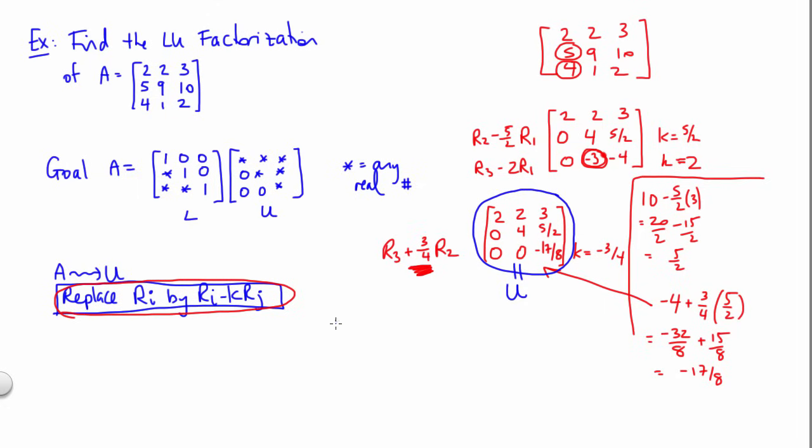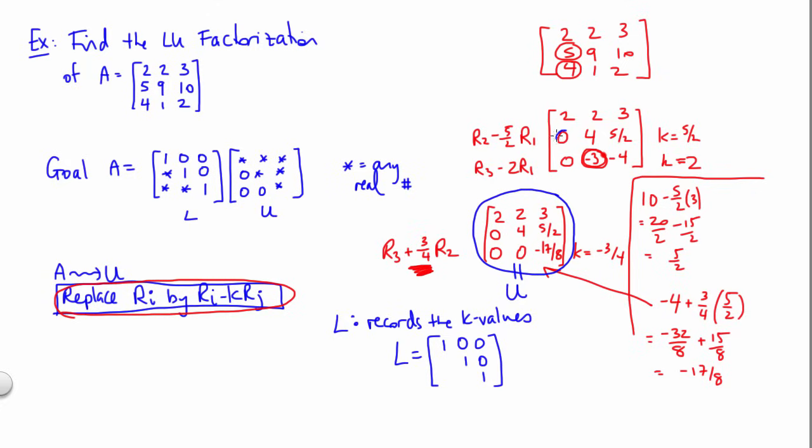And to get the matrix L, we just need to know how to build L. What L does is it records the k values in the appropriate positions. So let's take a look at this matrix L. It's going to have ones along the main diagonal, zeros above the diagonal, and then we need to look back at our previous work here.